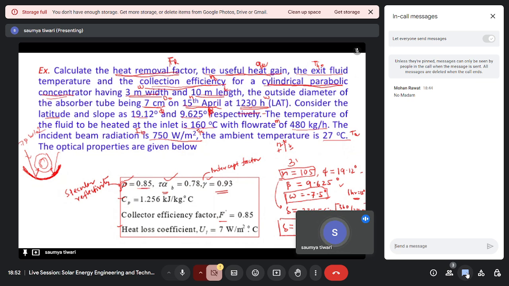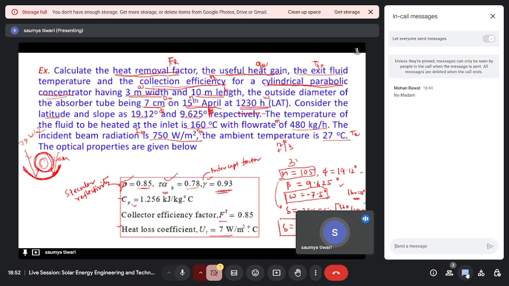The transmittivity and absorptivity for beam radiation through this cover is also given, 0.78. The intercept factor is also given, 0.93. The Cp of water is given, and your collector efficiency factor F dash is already given in the question, with the heat loss coefficient.